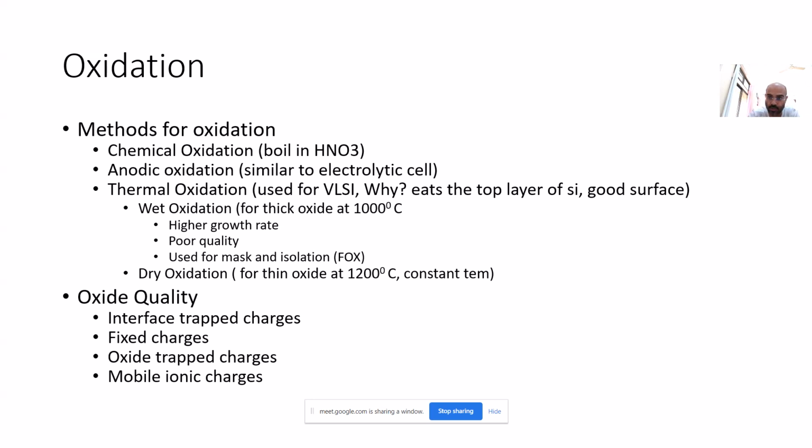When you do the characterization, there are a few things which you do. First of all, you see what the amount of charges in it is, and then you see what the layer thickness is which you have made.